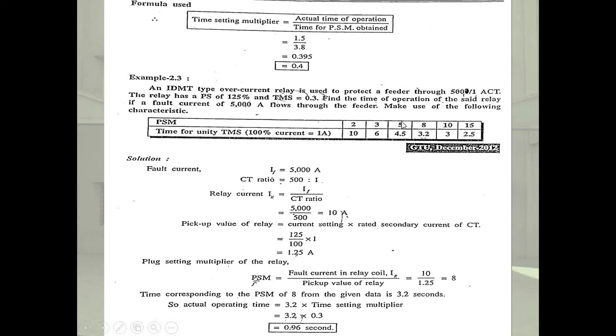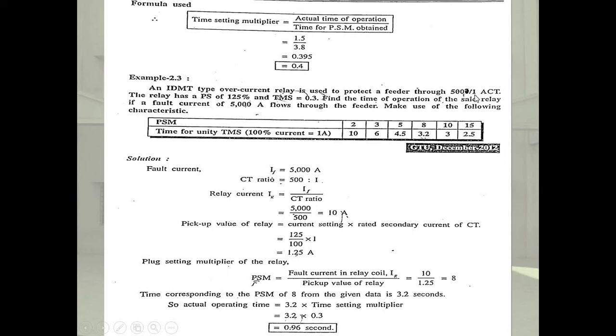Find the time of operation of the relay if a current of 5000 ampere flows through the feeder. Make use of the following characteristic, which gives the value of the PSM and time for unity TMS. Here the fault current is 5000 ampere.